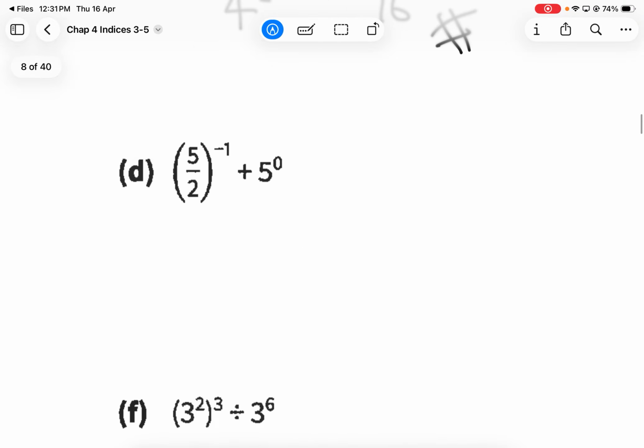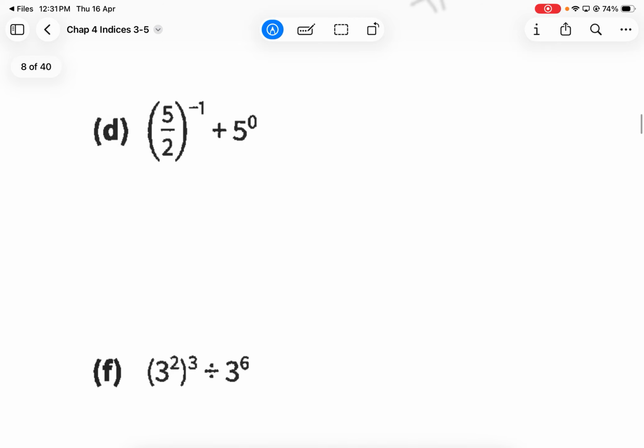Okay, when we put these two things that you have learned together, 5 over 2 to the power of negative 1, the effect will be to change the fraction into 2 over 5. Then 5 to the power of 0.